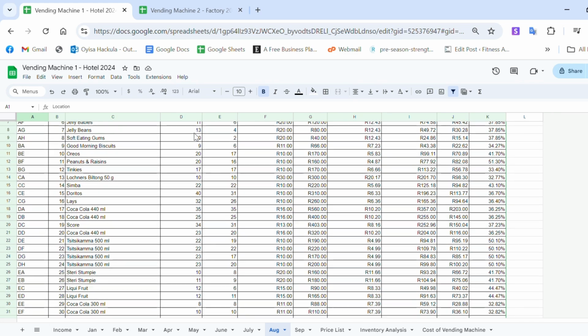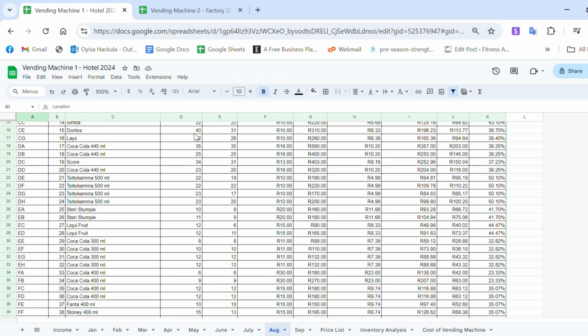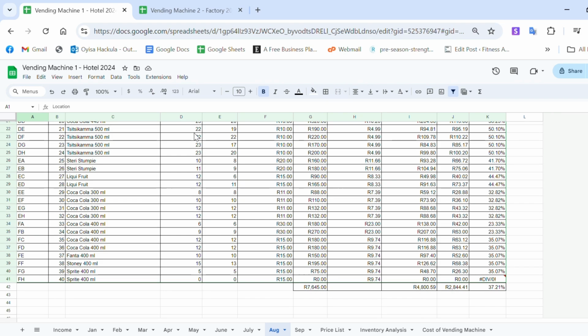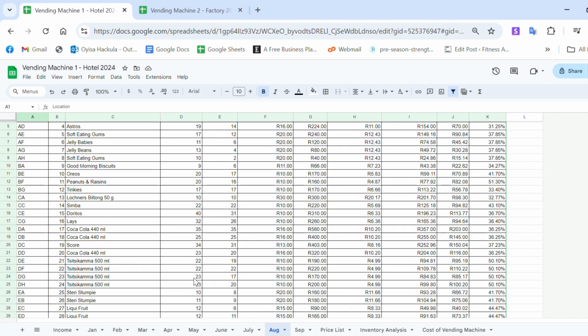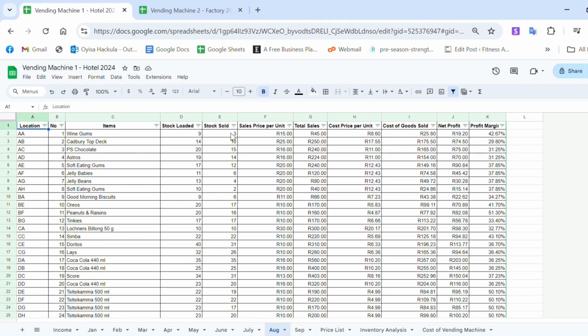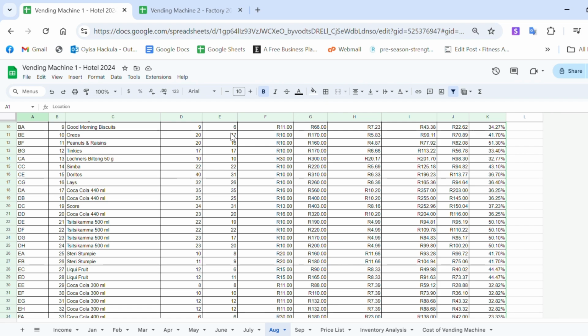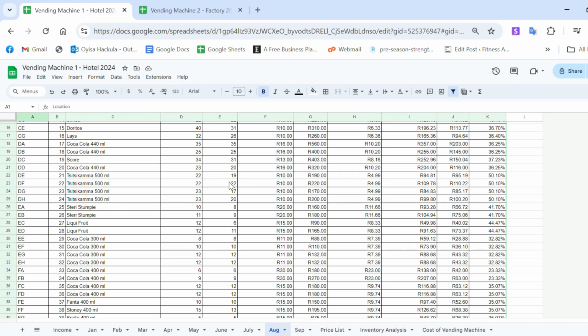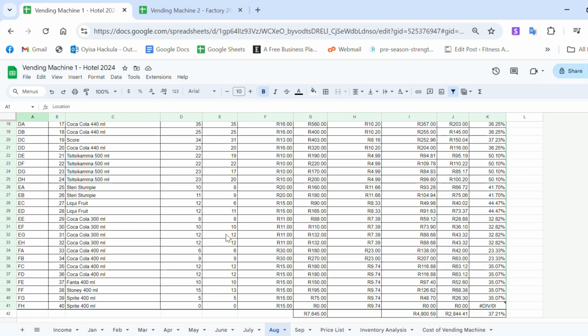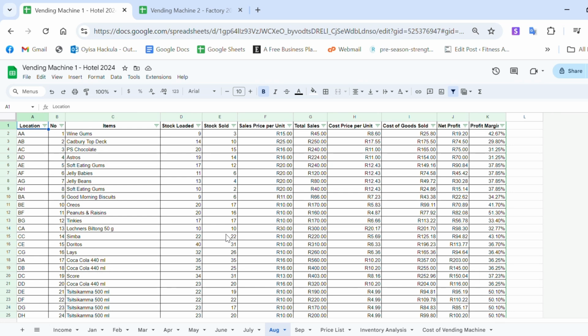How that is calculated is that each week that I go stock up the vending machine, I keep on adding to the stock loaded for that specific product. Then at the end of the month, I look at what's left over, and I do a subtraction to see how much was actually sold.